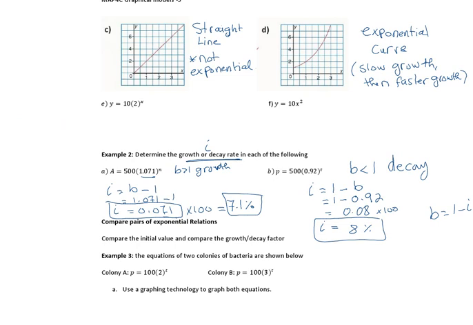F. Is this exponential? Yes, it is. Why is it yes? Because y is equal to a times b to the power of x, and x is the exponent. It looks like the equation y equals ab to the power of x. What's the important part about exponential? If x is 1, it's a straight line, right?